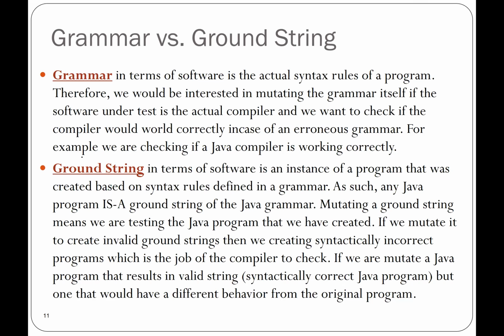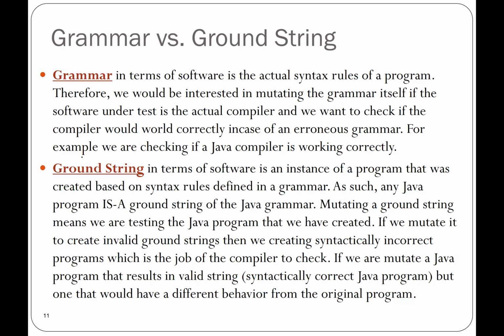So remember we said we have two parts to the Holy Grail, the first of which is making sure that the software is doing what it's supposed to do. Second of which is making sure that the software is not doing what it's not supposed to do. So if we do mess up with the ground string, one of a few things may happen. I might end up with a messed up string that is syntactically incorrect. And again, that will be the job left up to the compiler to make sure that it is working.